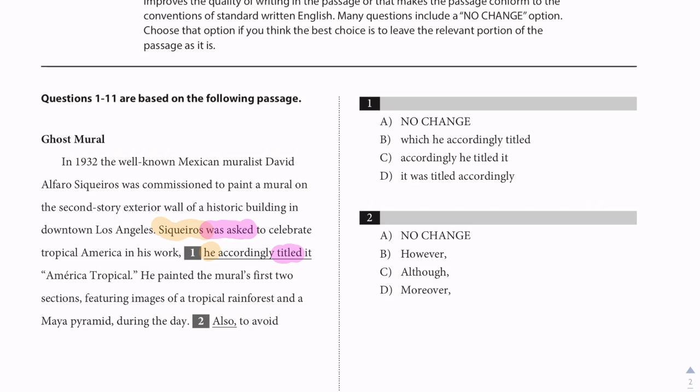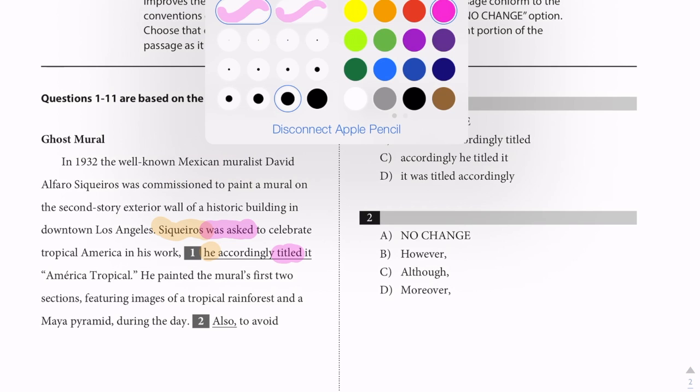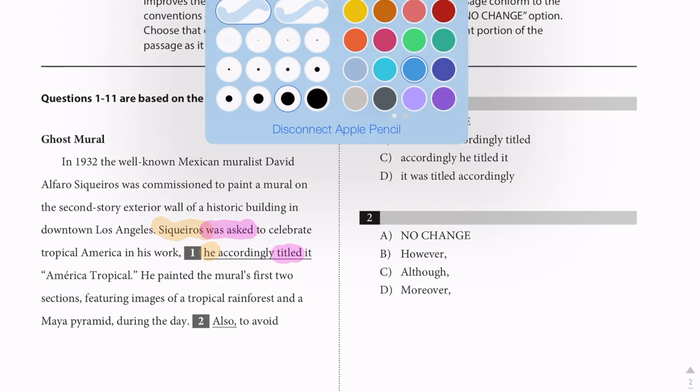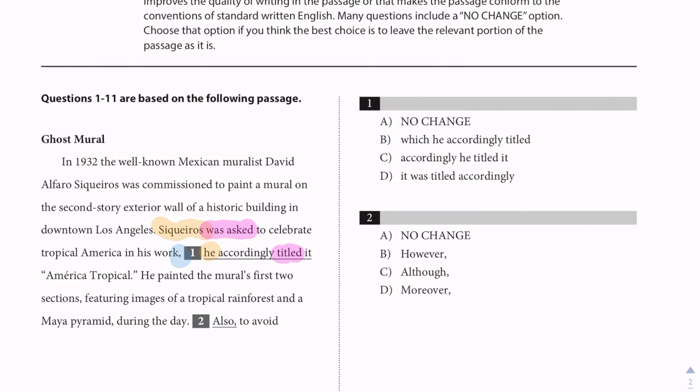Now, if these were two complete sentences, we would expect some kind of punctuation to indicate that, such as a period after work. But that's not what we have, so let's just highlight the punctuation we do have, which is a comma. Now that comma is not underlined, so we know that that comma is correct.